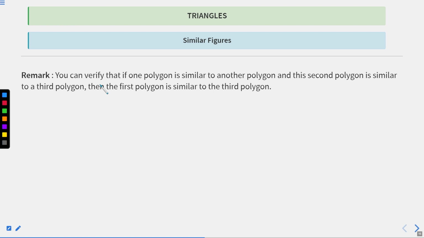You have studied the transitive property: if one element is related to another element and that element is related to a third element, then the first element is related to the third element.